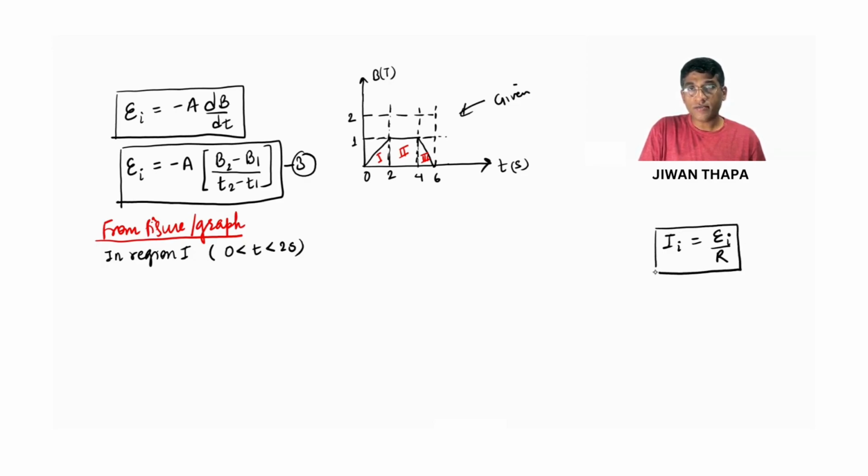So in order to find the induced current in region 1, we need to find the induced EMF. Clear? Now, using equation 3, what do we find?